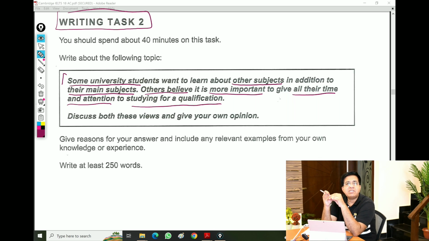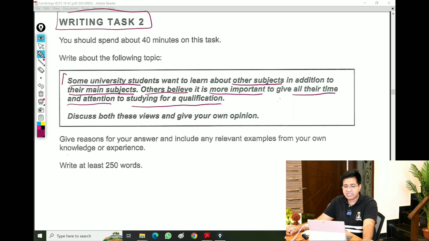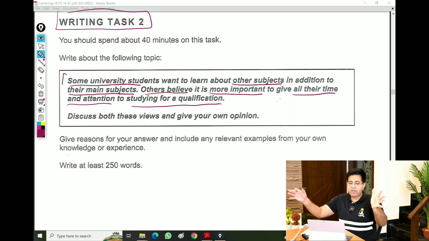Studying for a qualification means if you are doing an MBA in marketing, you need to focus on the curriculum of MBA marketing, not any extra subject. If you are a student of medicine, you need to focus on all the subjects which are related to medicine, not marketing and all that. So, some students want to learn other subjects in addition to their main subjects, and others believe it is more important to give all their time and attention to studying for a qualification.